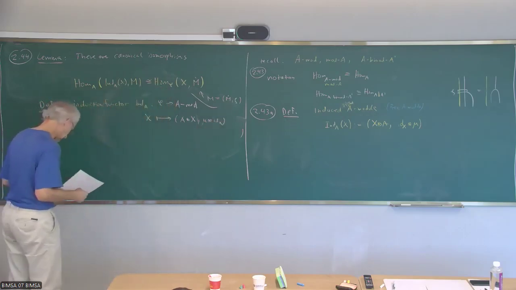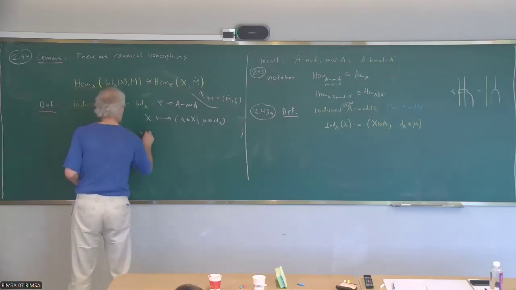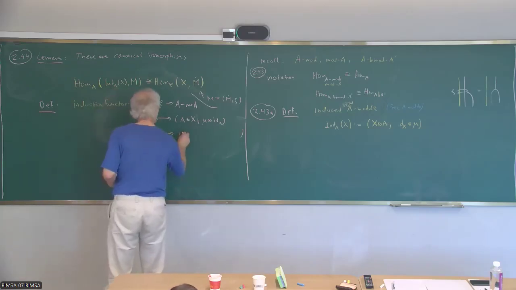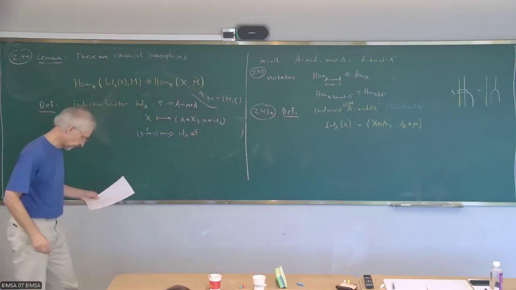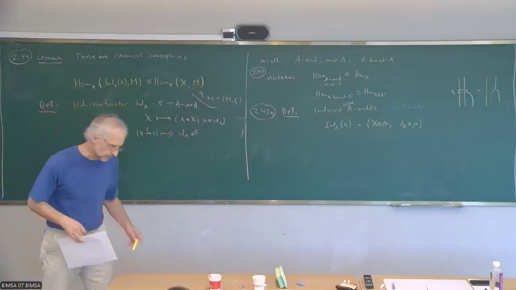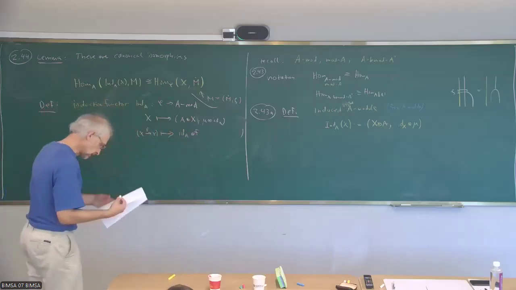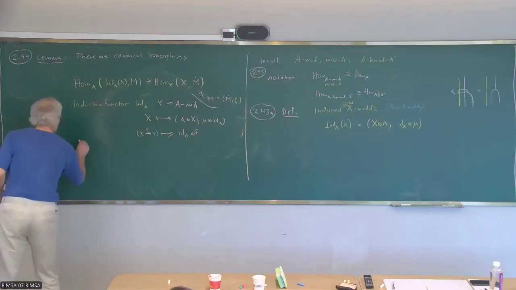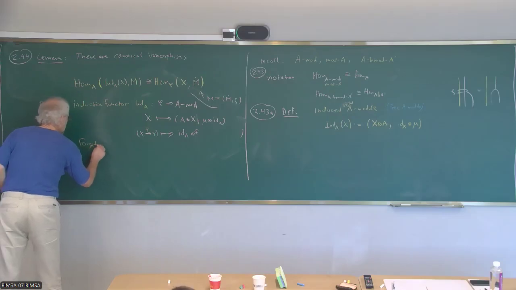And which sends a morphism f to the identity on A tensored with f, respectively, f tensored with the identity on A. You can check that this is a functor, and then there is a specific forgetful functor where I forget the module structure.